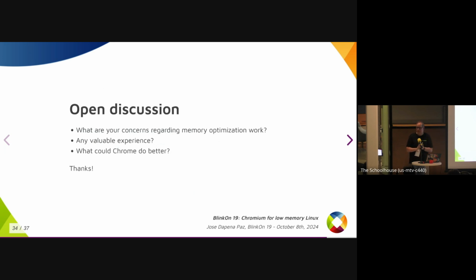Okay, so this was the main part of the presentation. And now we are going to the open discussion. So basically the idea is if you want to share your sad story working in the memory problem space, please tell us. Please, it's the time to talk about it. Anything valuable, any downstream implementation that you have, okay, we have this and it would be nice to have that upstream.